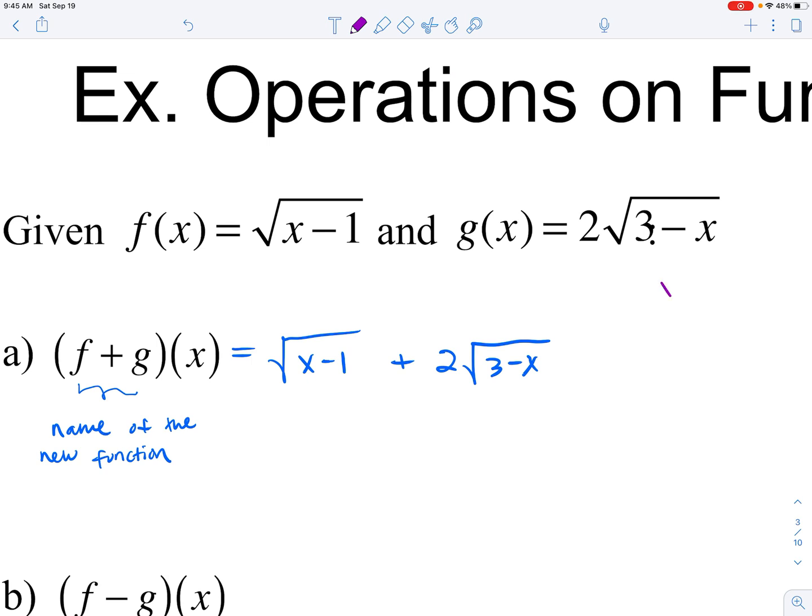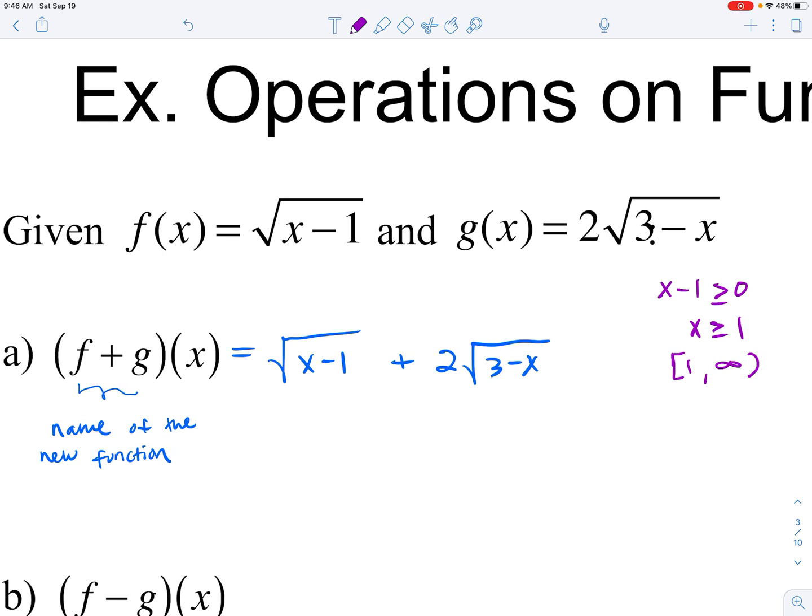So for that first piece, from the function f of x, x minus 1 would have to be greater than or equal to 0. That's just a linear inequality. If we solve, we get x has to be greater than or equal to 1, which in interval notation would be written as 1 to infinity, where 1 is included.